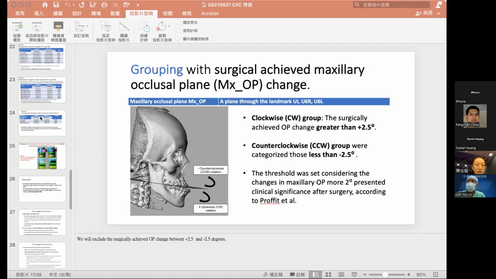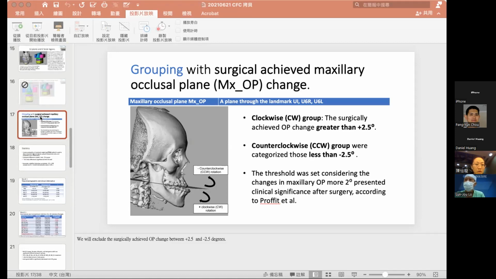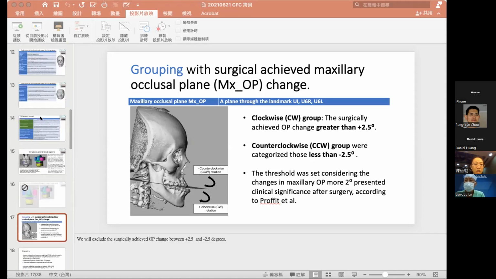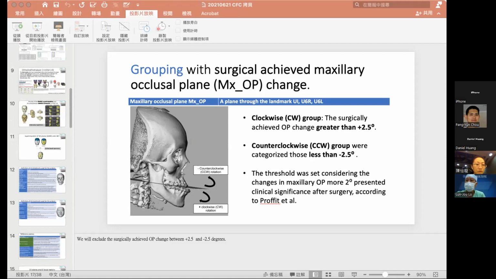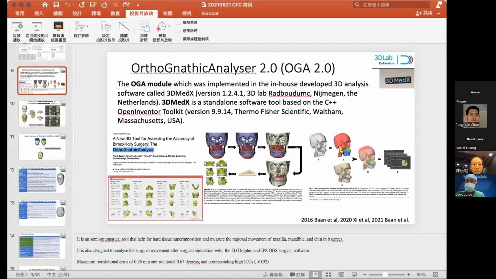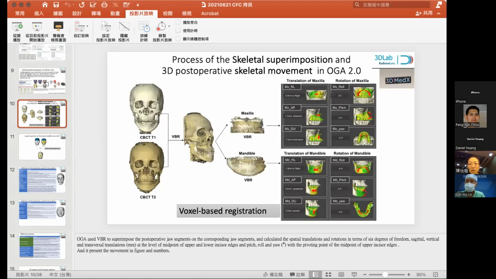As for the skeletal maxillary pitch in the OGA, we are using the upper incisor as a pivotal point for the maxillary pitch result, and the mandibular pitch uses the lower incisor point as a pivoting point.